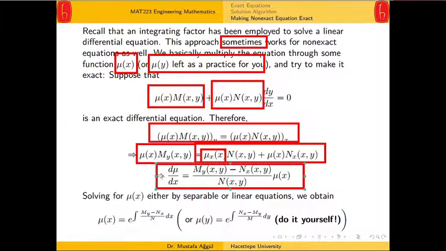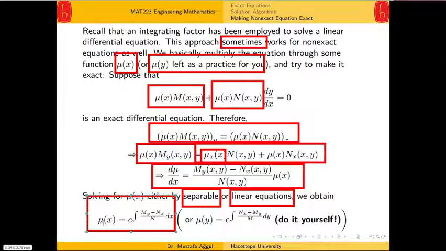We can solve this differential equation because it is a separable equation and also a linear equation. Either way works, and we obtain mu of x equal to this expression. So we have found the integration factor.